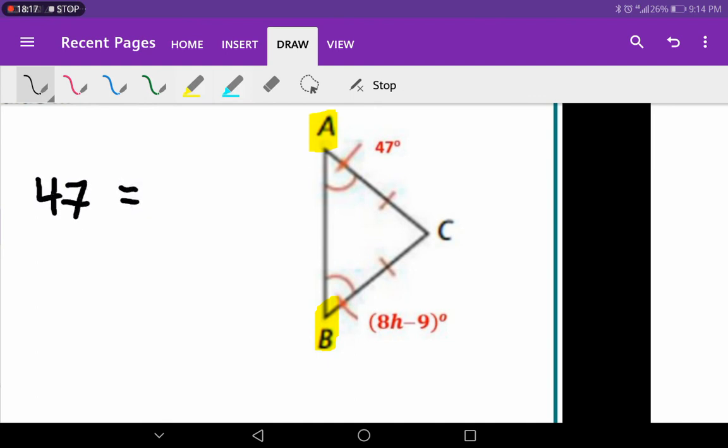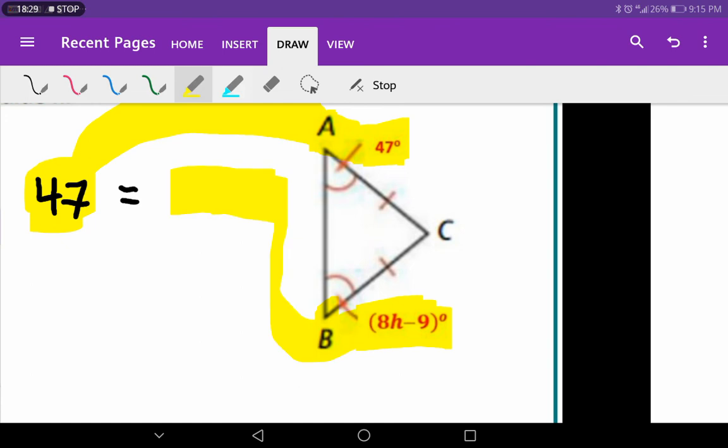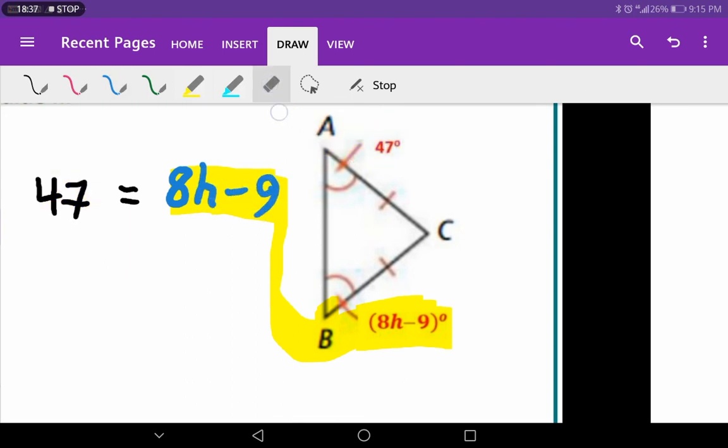And angle B, as he wrote here, equals 8h minus 9. I have an equation. Don't be scared. Everything will be okay.